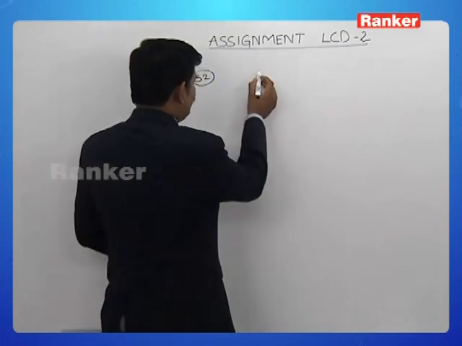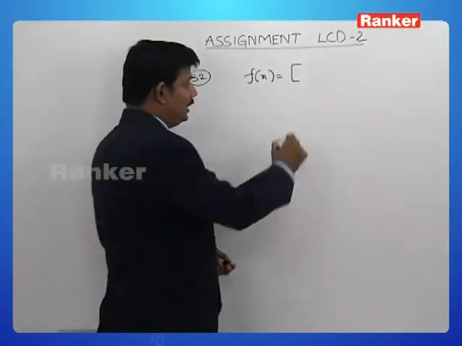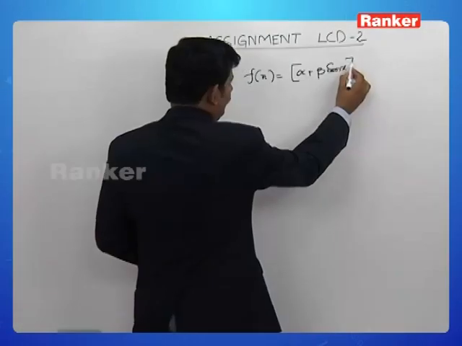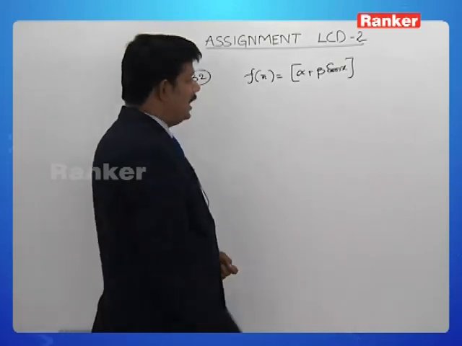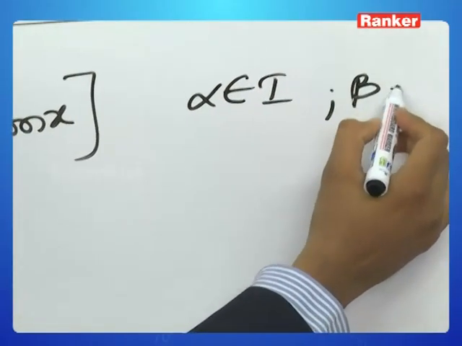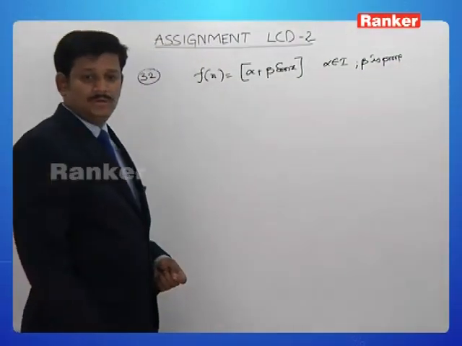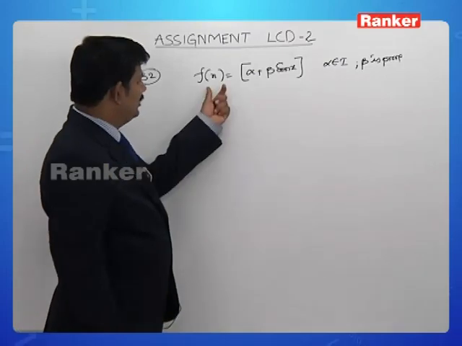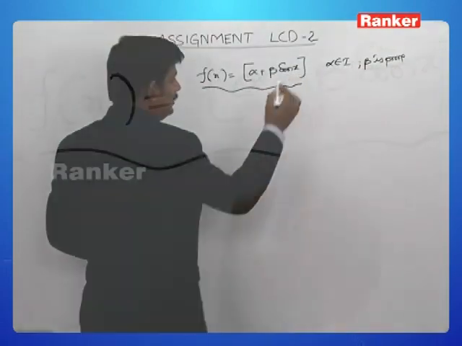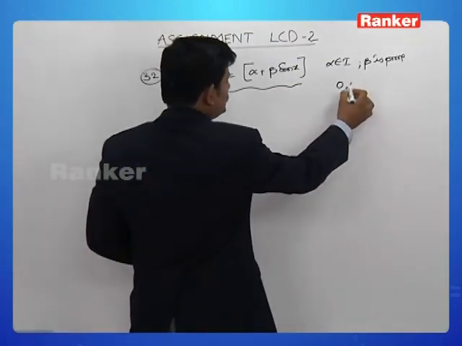It is given that f of x is equal to the integral part of alpha plus beta sin x, where alpha is an integer and beta is a prime number. We need to find the number of points at which this function is non-differentiable in the open interval 0 to pi.